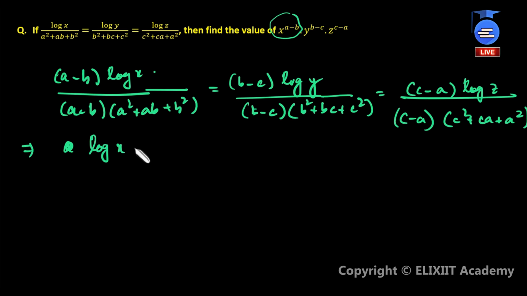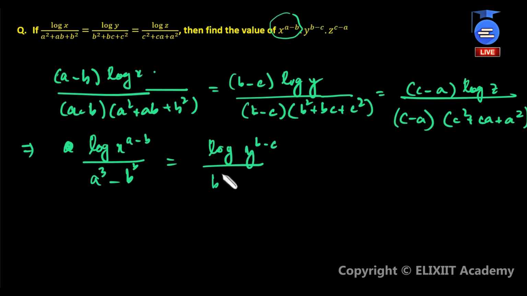The numerator is log x to the power a minus b divided by a cube minus b cube, equals log y to the power b minus c divided by b cube minus c cube, equals this thing, log z to the power c minus a divided by c cube minus a cube, right? Clear? Basic simplification, nothing else. So what we have from here: a cube minus b cube, b cube minus c cube, c cube minus a cube.